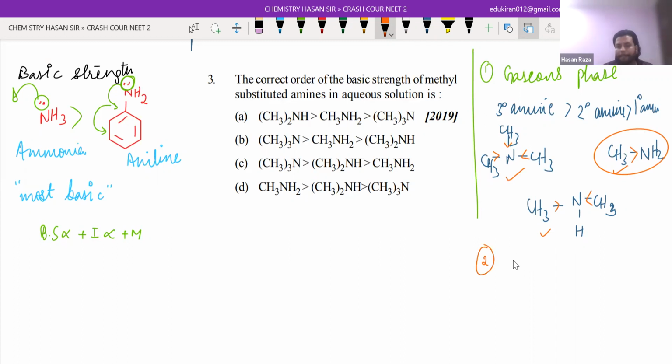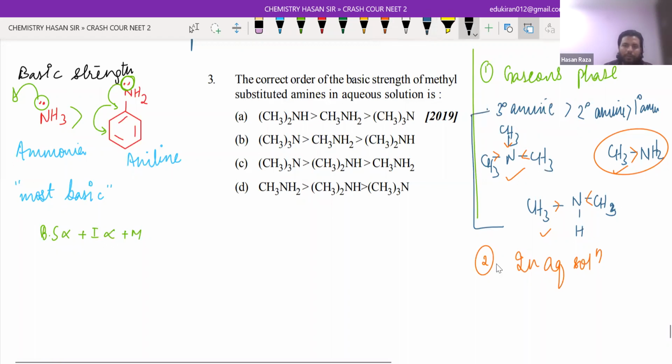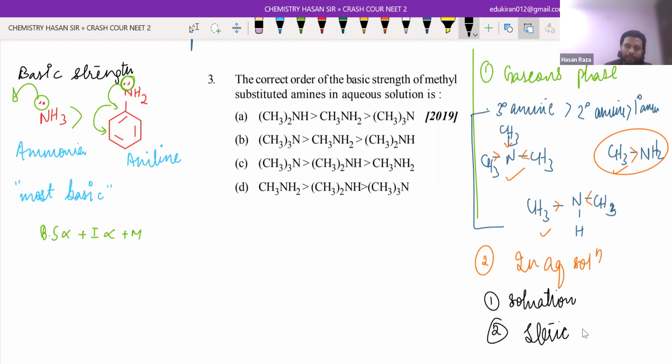And if you are going to talk about solution phase or in aqueous solution, so basically this trend will not be followed because of 3 reasons. The first is solvation. The second is you can go for steric hindrance, and the third one is your inductive effect.